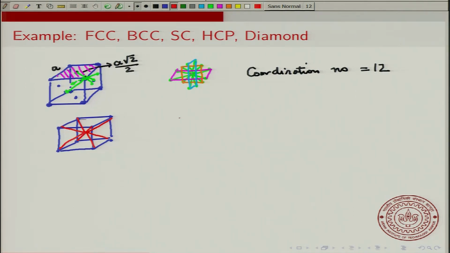So here you can see the coordination number is 8. So FCC has higher coordination than BCC. What about simple cubic? In simple cubic, you can see that the coordination number will be 6.